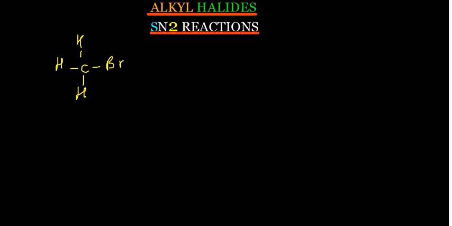So what is going to happen is that a reaction can happen. Let's say this bromine is more electronegative than the carbon. So this bond is going to be broken in such a way that the two electrons are going to go to the more electronegative atom.